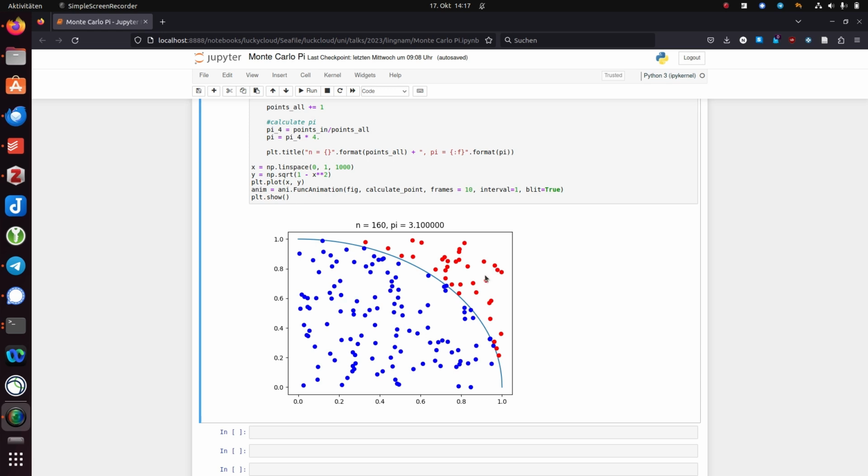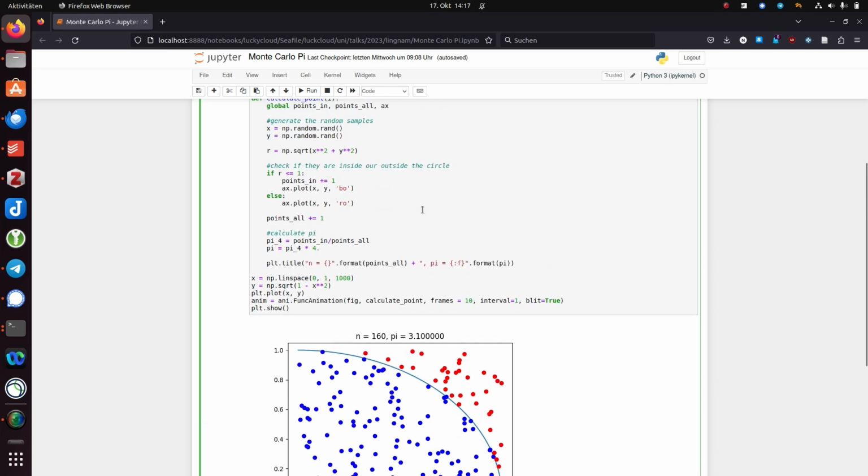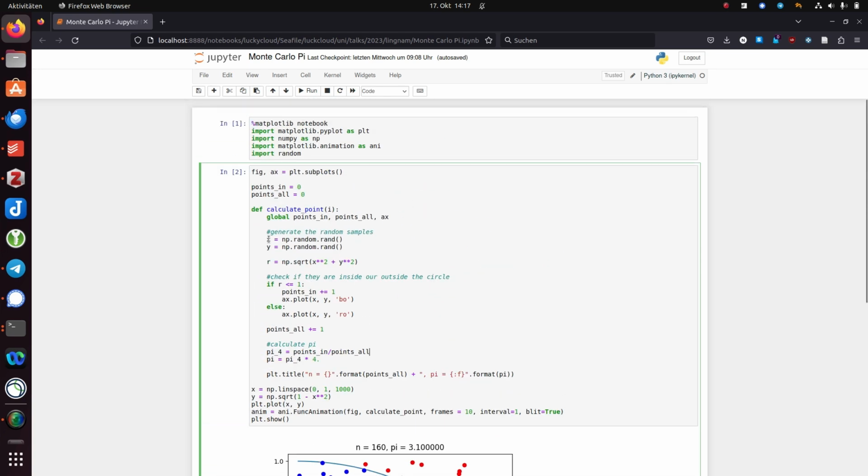Now, this is very easy to implement, and these points are randomly generated. And then we have the number of points, in one go, which are inside the circle, and in one step, which are outside the circle. Then we can do a division, like it's done here in the code, multiply it by 4, and we get an estimate for pi. The random number generation is also very simple.